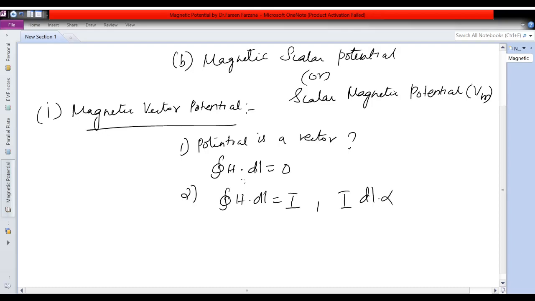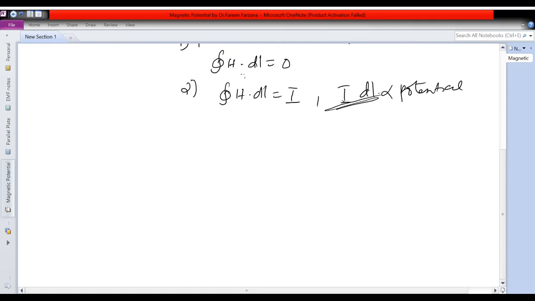You are very well aware that by Biot-Savart's law, the magnetic field depends upon the current element. So whenever there is a potential, it depends upon the current element. Therefore the potential is no more a scalar, it is a vector quantity. That's why we call it magnetic vector potential.